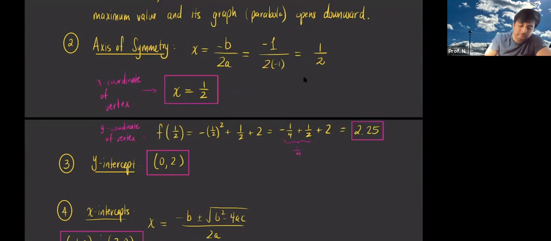So then what are the coordinates of my vertex? My coordinates are going to be 1/2, comma, 2.25. Or if you want to leave everything as a fraction, let's do that. It's 9/4.